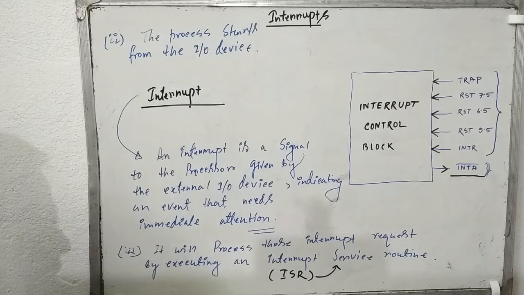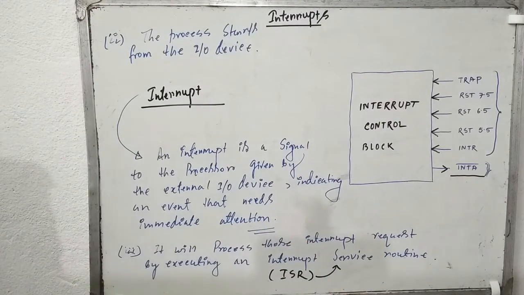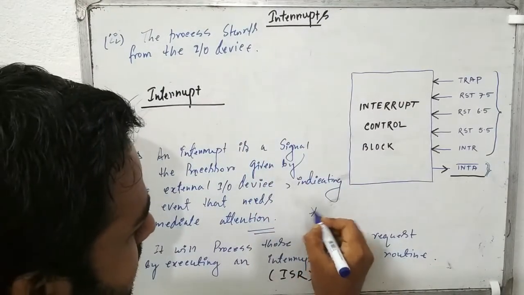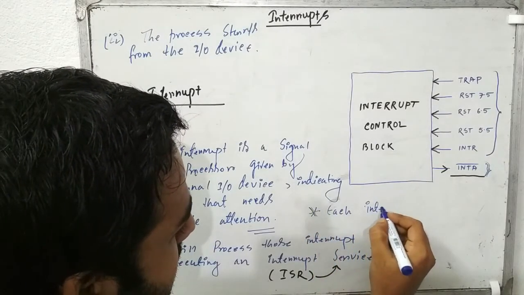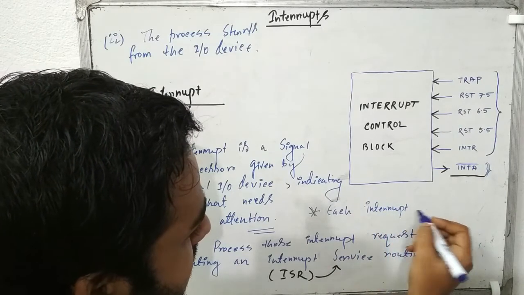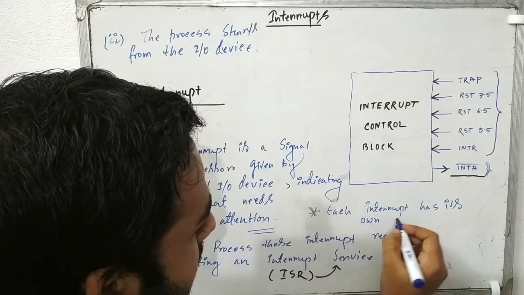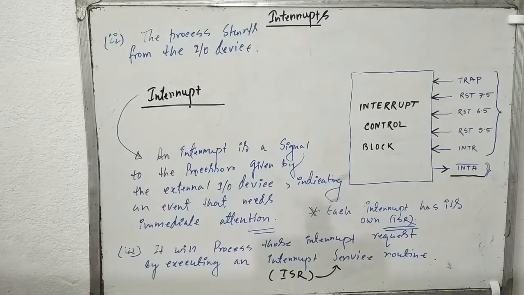Whenever the microprocessor wants to execute an interrupt request, it should execute the ISR which is written in a specific memory location. That means each interrupt has its own ISR, interrupt service routine. So, an important thing about the interrupt.